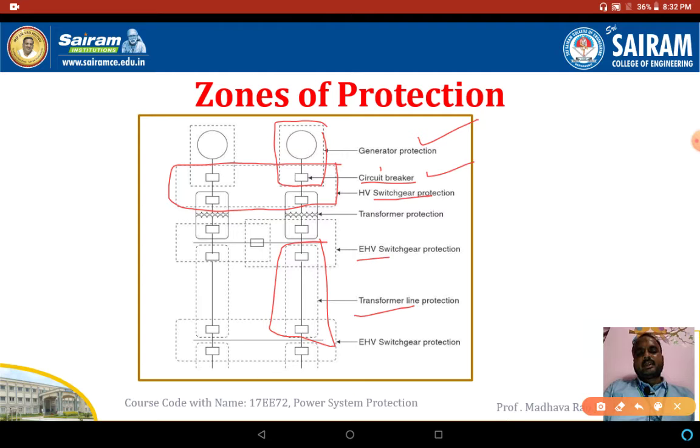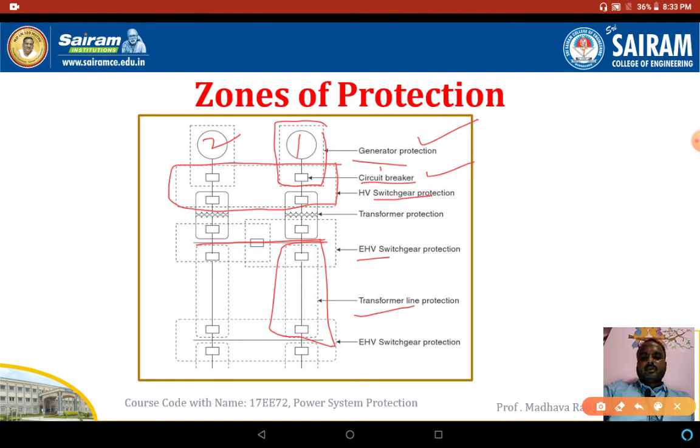Suppose any one device fails, here we have connected an intermediate circuit breaker, so you can supply through this way. Suppose these are the generators, generator 1, generator 2. Suppose any one generator fails, so we can get supply from the other generator.